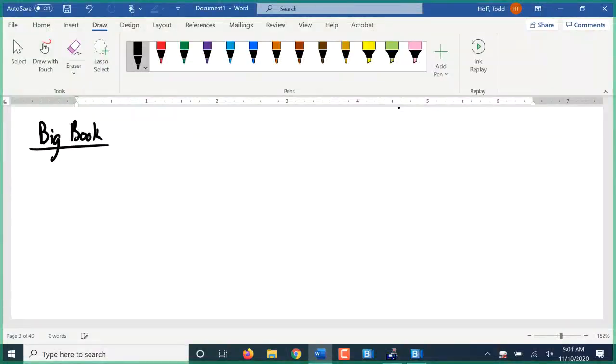We're going to give you some homework to work on in the big book. Page 464, 465, exercise 16.2.